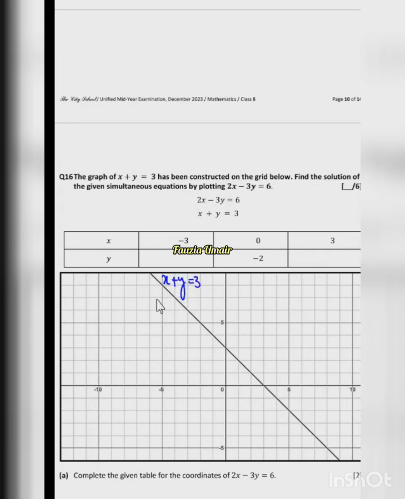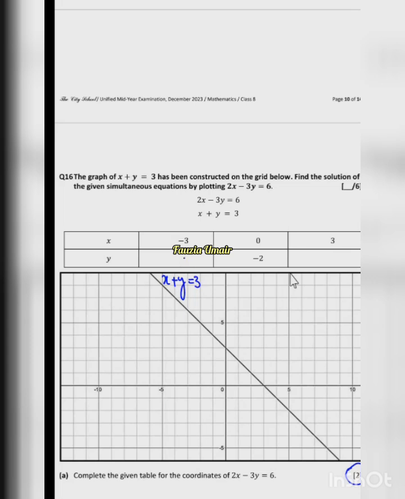It's already plotted. So now what I need to do is find the solution of the given simultaneous equations by plotting 2x minus 3y is equal to 6. So the A part is complete the table for the coordinates of 2x minus 3y is equal to 6. So it's a 2 marks question, the first part. Why? Because there are 2 missing values I need to fill.